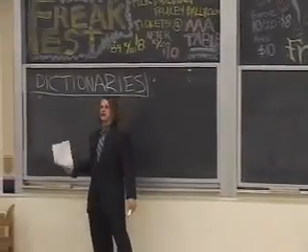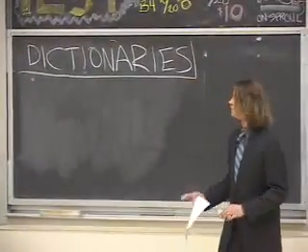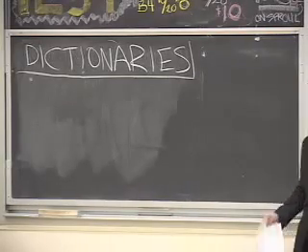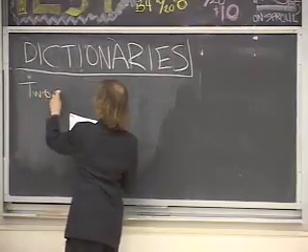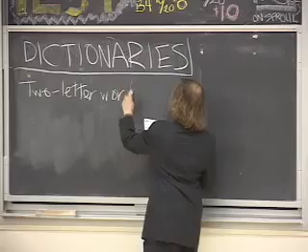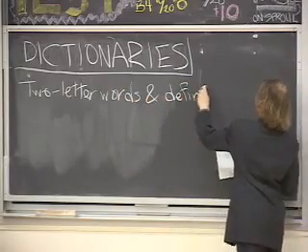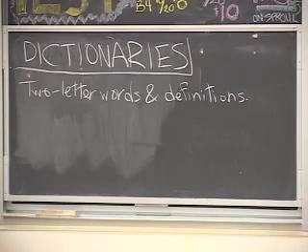So to introduce dictionaries, let's suppose that we want to create a computer-based dictionary. But to keep things simple to start with, we're going to restrict ourselves to two-letter words in English. So there's a dictionary where we have a bunch of two-letter words, and we know their definitions. And so just like with a paper dictionary, it's pretty easy to look up a word and find its definition.